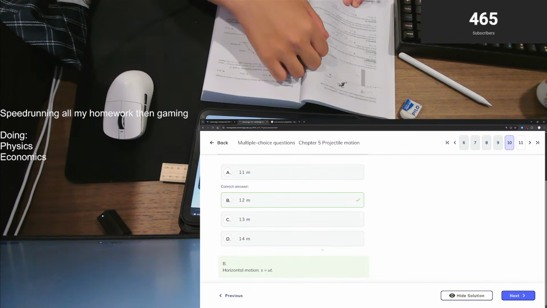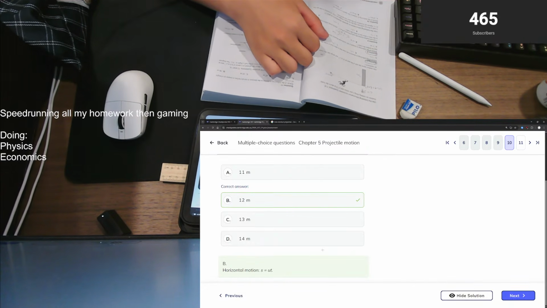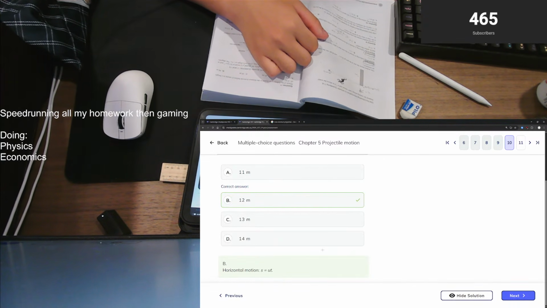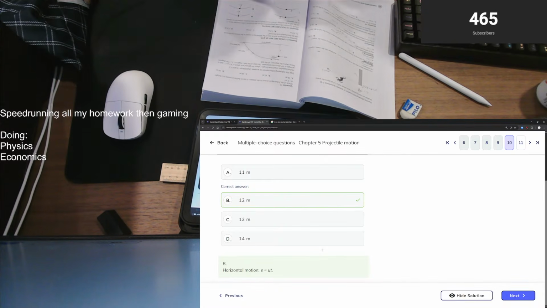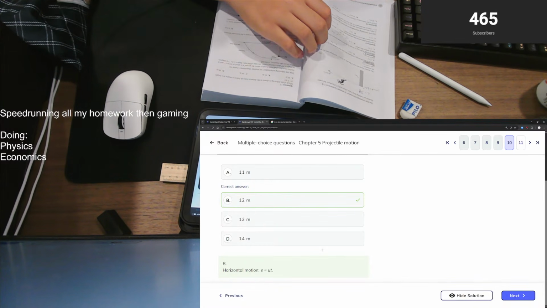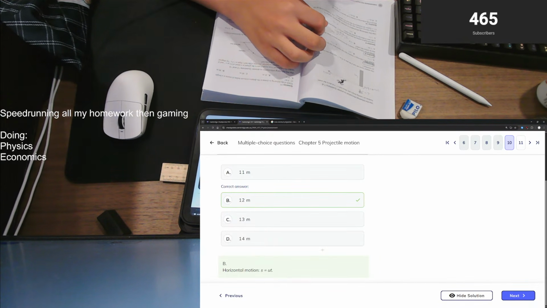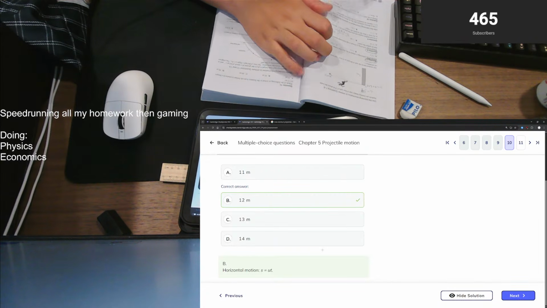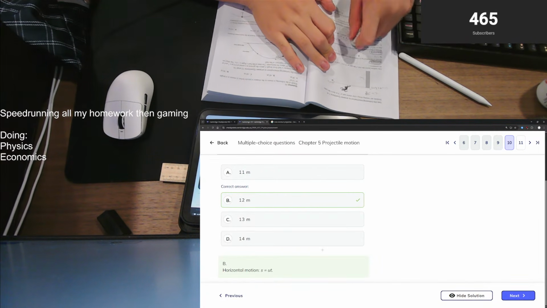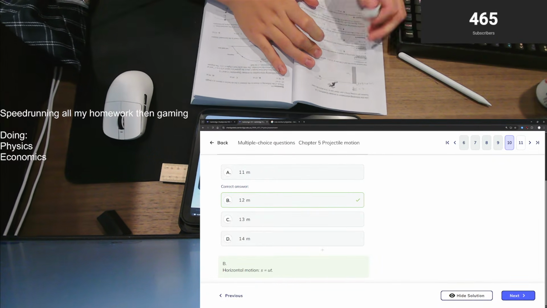One student leaves the end of the pier at 10 meters a second. Shut up! You know it. No, wait. Horizontal motion, S equals UT. How?